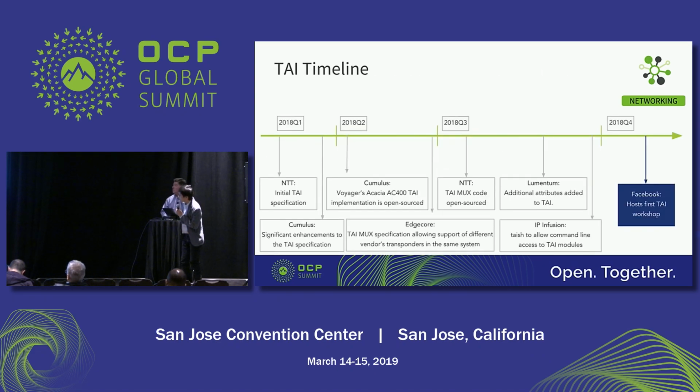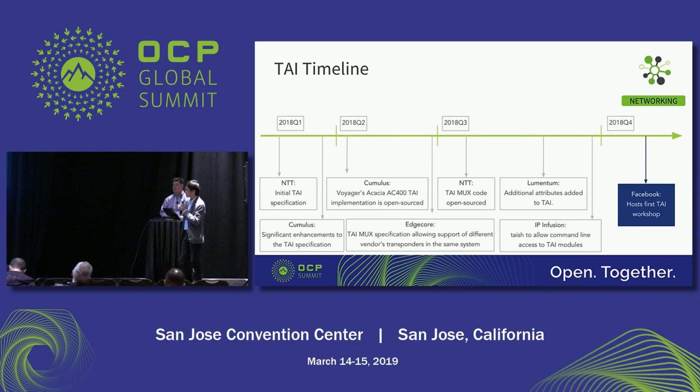Okay, so this is a history of TAI. It's almost a one-year project from the beginning. First, NTT submitted the initial specification and POC implementation of TAI. Then Cumulus, Scott, refactored many things to make it really work, and they also ported it to Voyager.